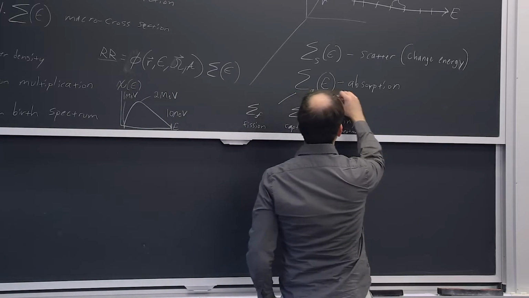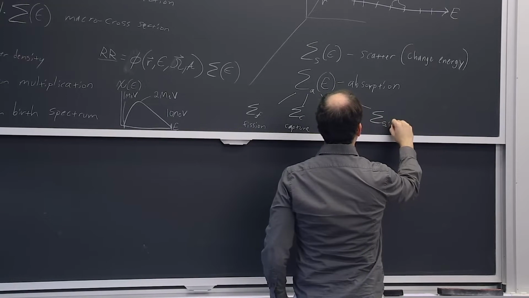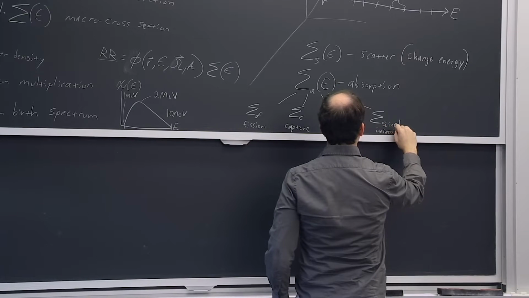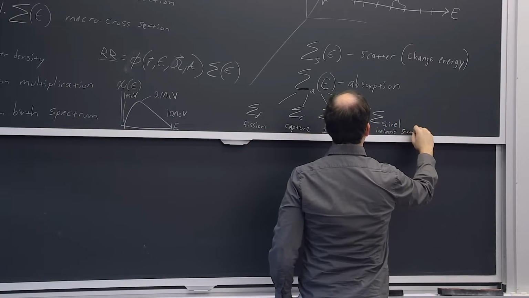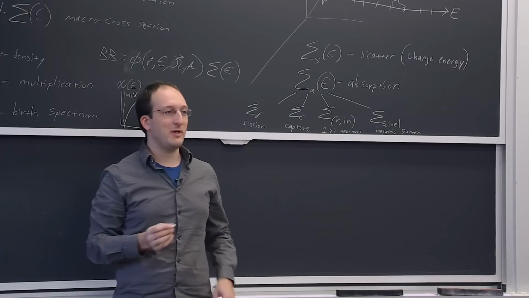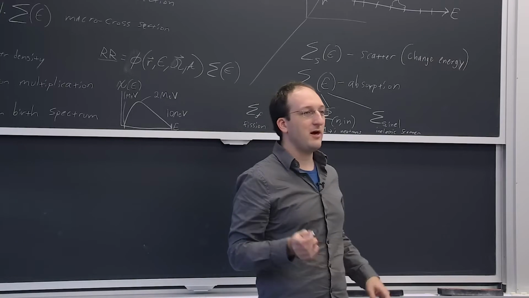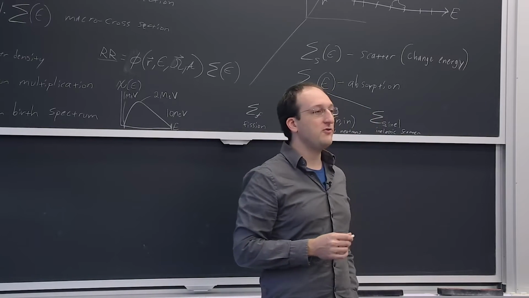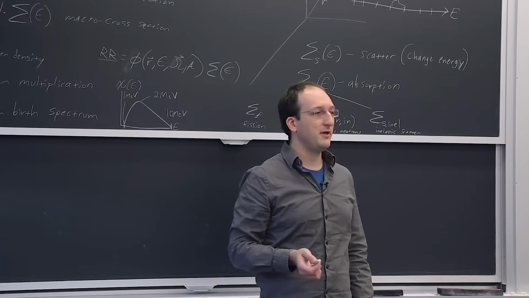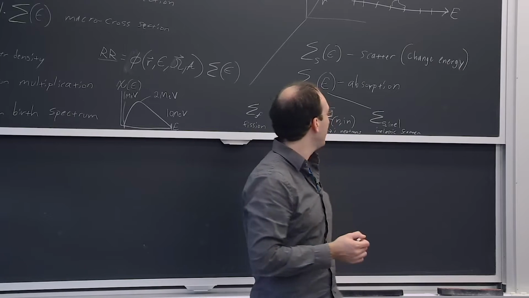So another thing you could call an absorption event, depending on what bin you put things in, is inelastic scattering. Which is that kind of, we call it scattering because one neutron goes in, one neutron comes out, but in reality you have a compound nucleus forming and a neutron emitted from a different energy level. So it doesn't follow the simple ballistic laws and kinematic laws of elastic scattering.